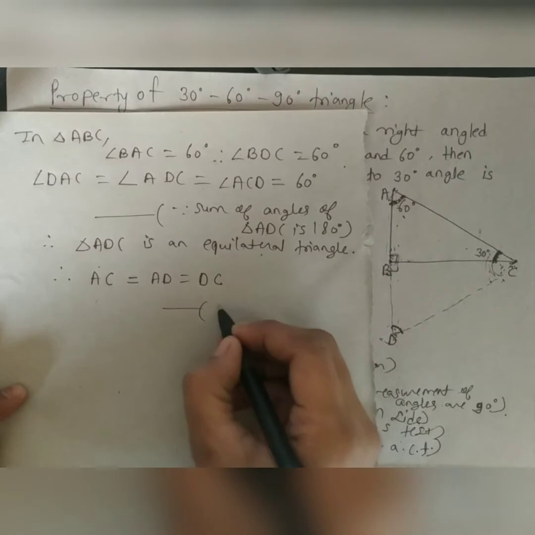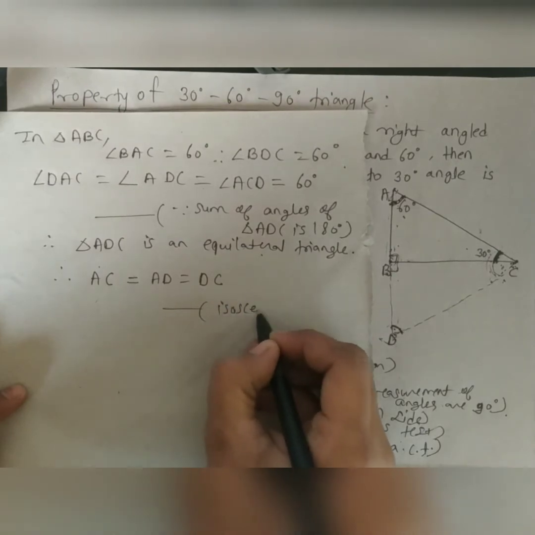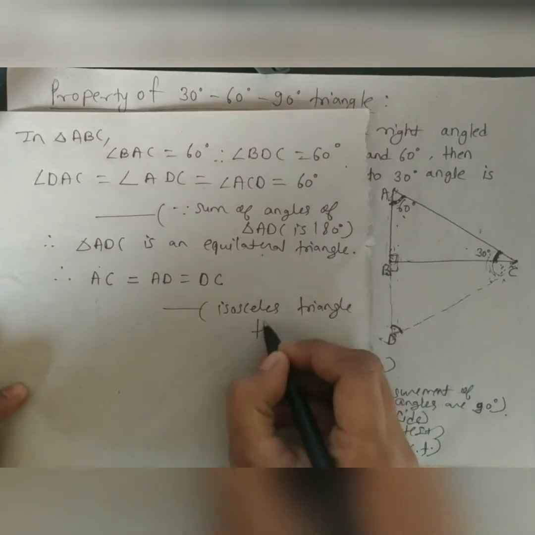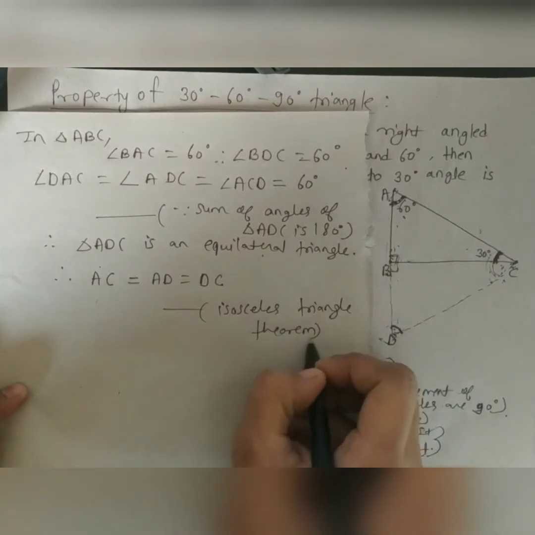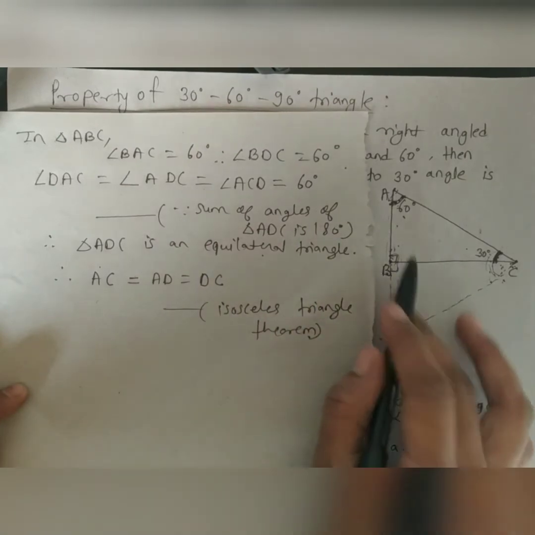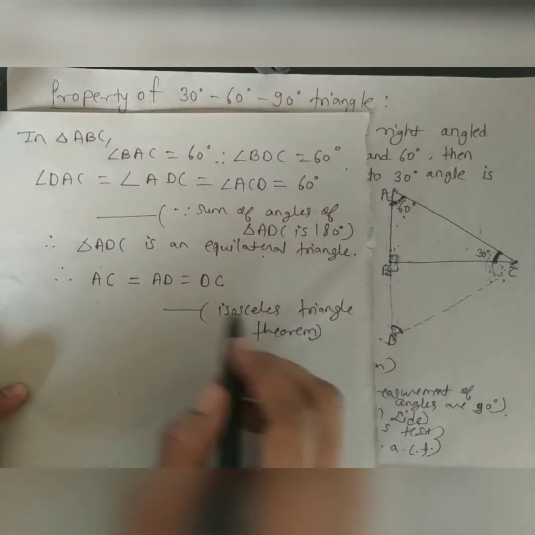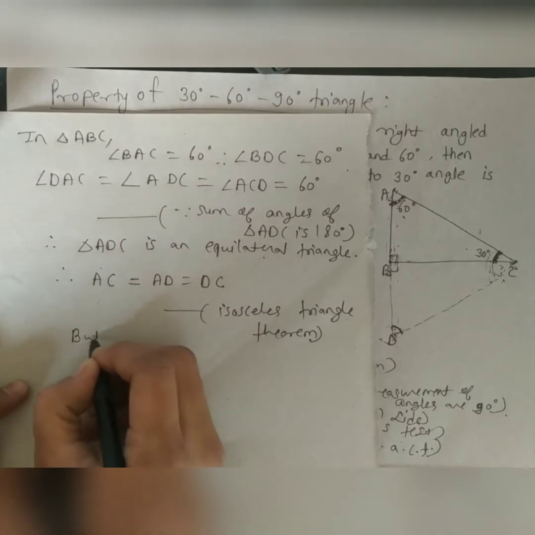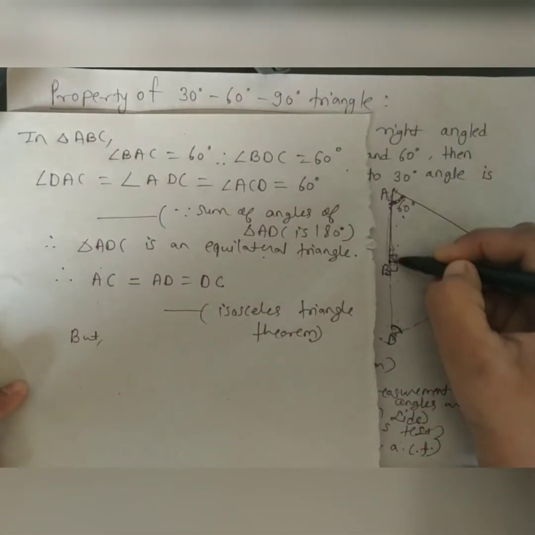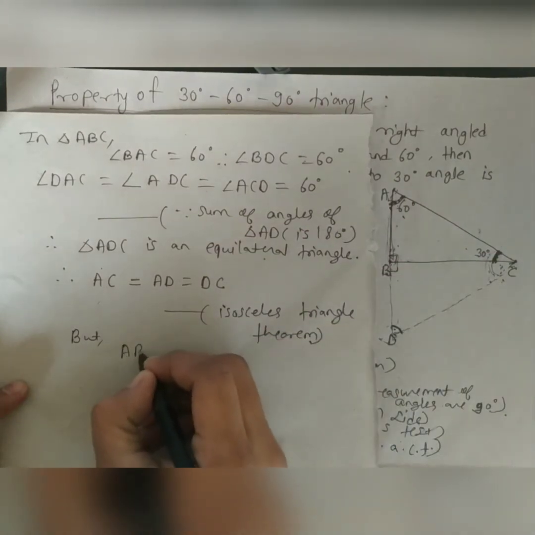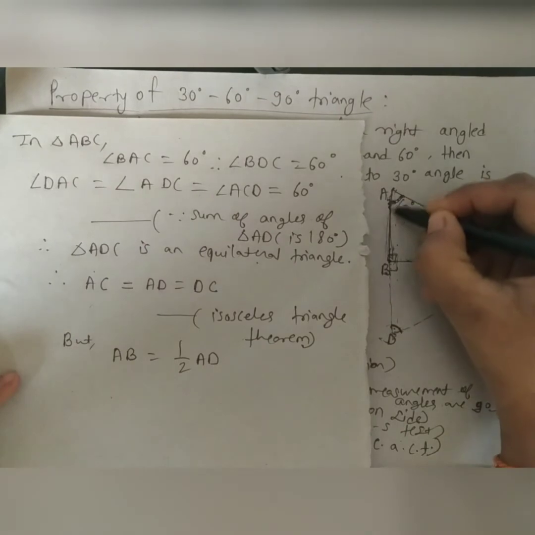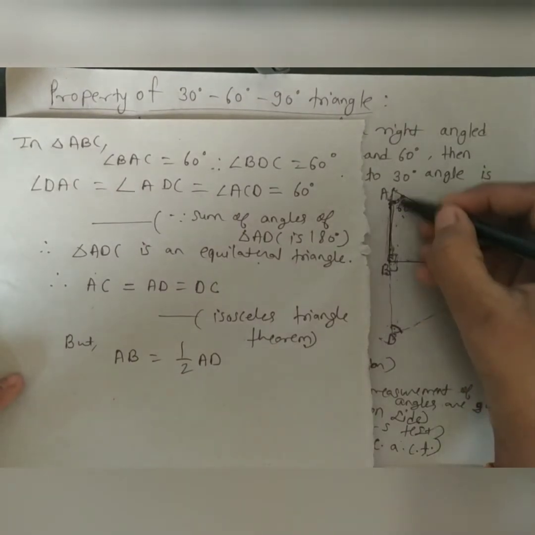This we got by the isosceles triangle theorem. This says, if we have an equilateral triangle, all sides are equal. Now, AB is equal to half of AD. Side AB is half of AD.